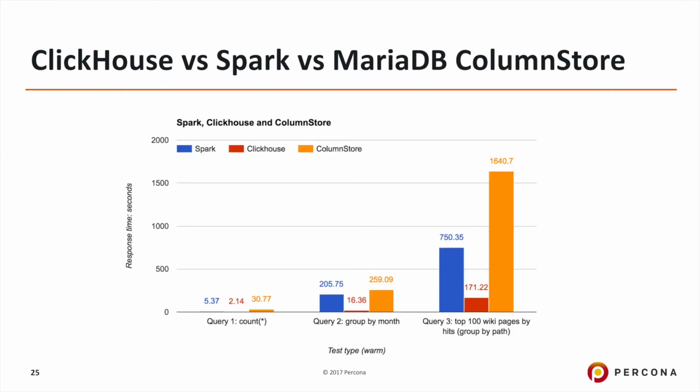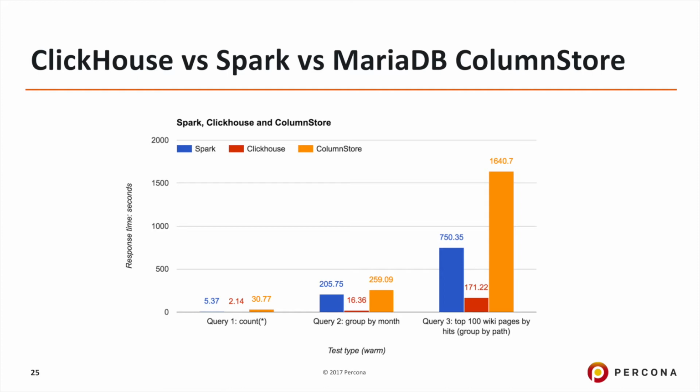When we take a look at 3 different queries and compare them with Spark and MariaDB ColumnStore, you can see that ClickHouse outperforms these systems by serious numbers. And again, for a complex aggregated query over 26 billion rows, it took only 16 seconds for ClickHouse to return aggregation by month.